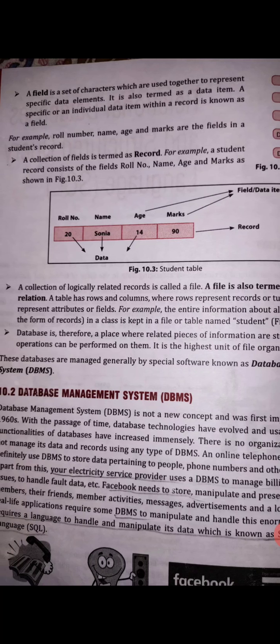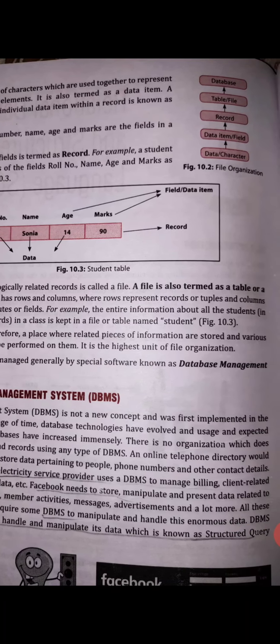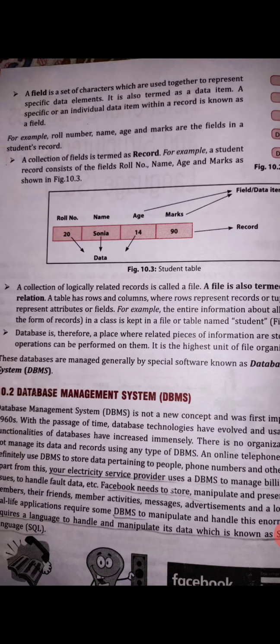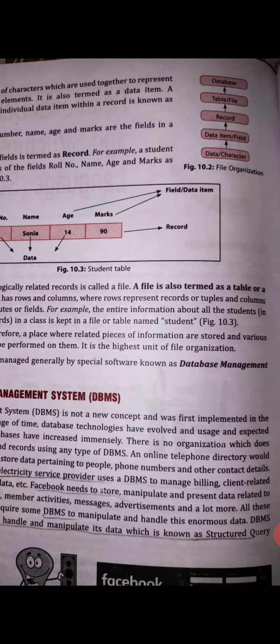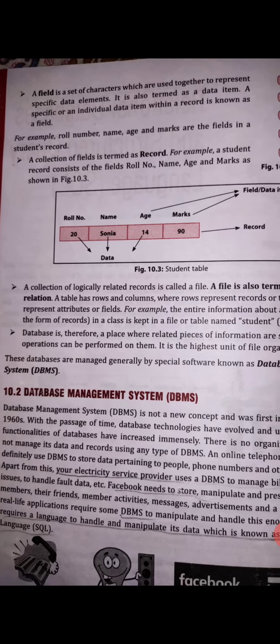A file contains records of various things. So a file is also termed as a table or a relation. A table has rows and columns, where rows represent records or tuples and columns represent attributes or fields.